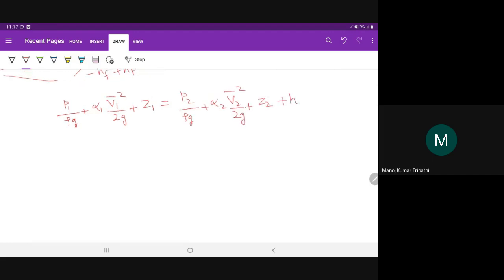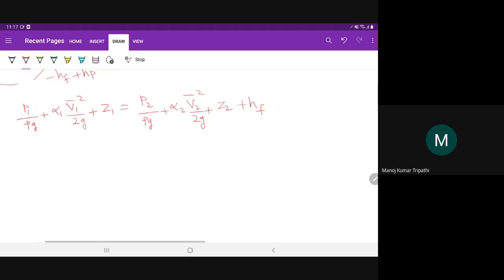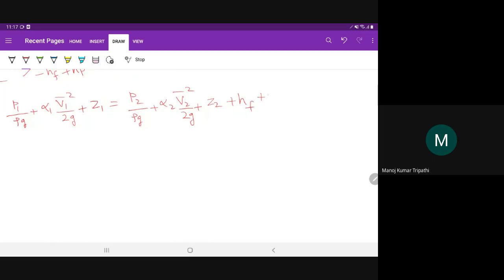And then we wrote plus HF last time because there are some losses between point 1 and 2 because of the pipe, because of the fittings, valves, whatever losses. So HF are the major losses because of the friction factor in the pipe. Plus there can be several smaller losses, sigma HM we can write. So from different fittings, valves, bends, whatever.